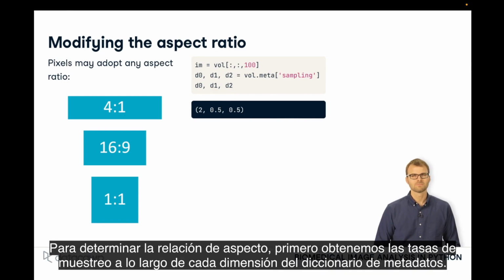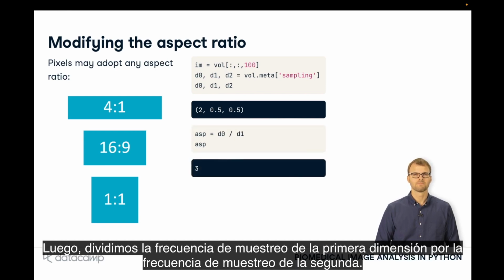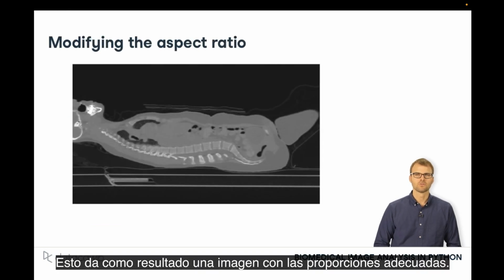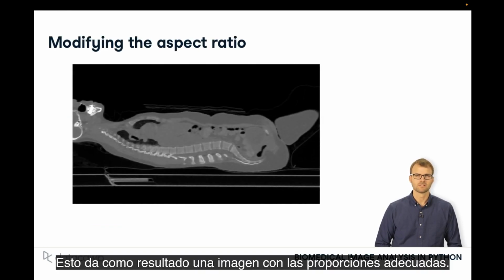To determine the aspect ratio, we first get the sampling rates along each dimension from the metadata dictionary. Then, we divide the sampling rate of the first dimension by the sampling rate of the second. When we call imshow, we pass this ratio to the aspect argument. This results in a properly proportioned image. Failing to adjust the aspect would have resulted in a distorted image.